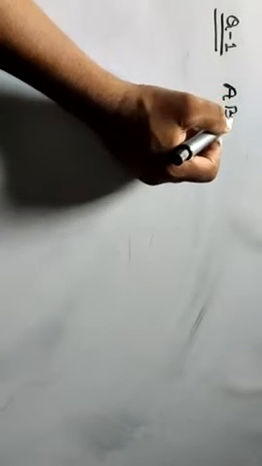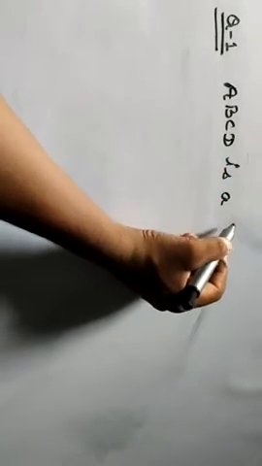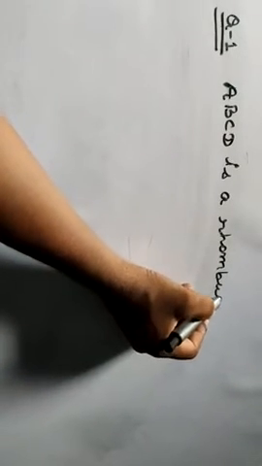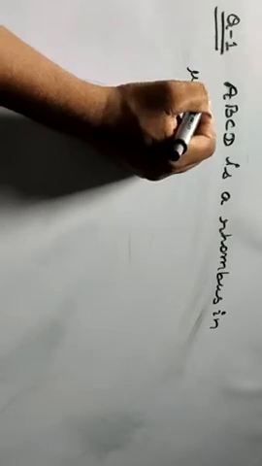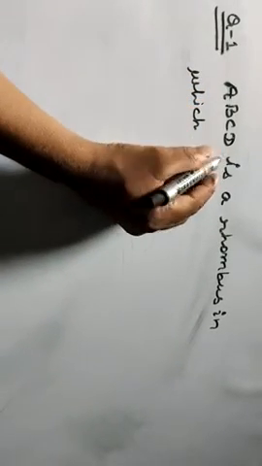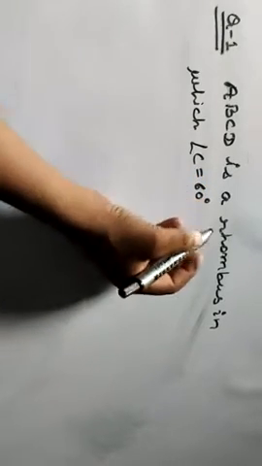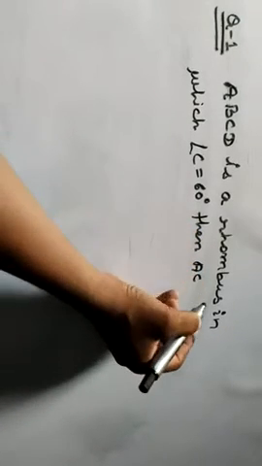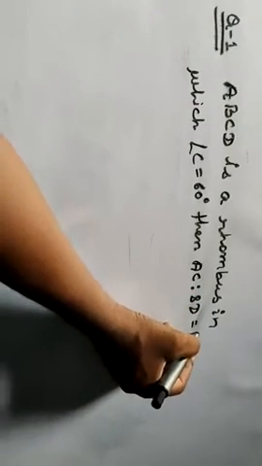If ABCD is a rhombus, in which angle C is equal to 60 degree, then AC ratio BD is equal to what?